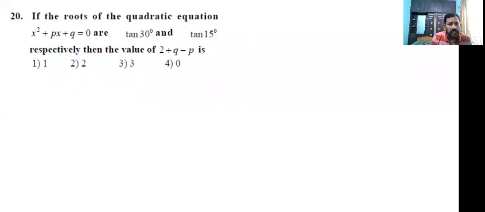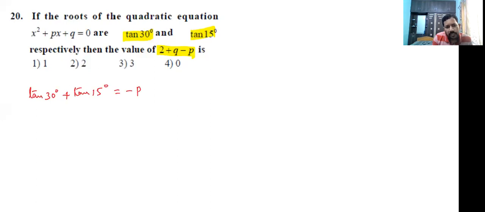20th question. If the roots of the quadratic equation are tan 30 degrees and tan 15 degrees respectively, then the value of 2 plus q minus p is. Okay. Now the sum of the roots, how much students? Tan 30 degrees plus tan 15 degrees. Observe the quadratic equation.